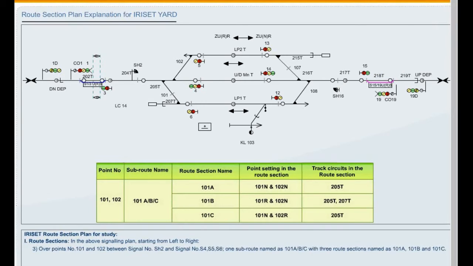Over points number 101 and 102, between signal number SH2 and signal number S4, S5, S6, one subroute named as 101A by B by C with three route sections named as 101A, 101B and 101C.